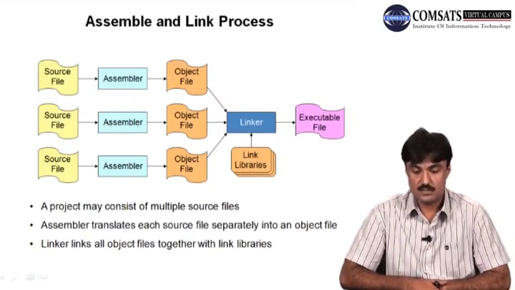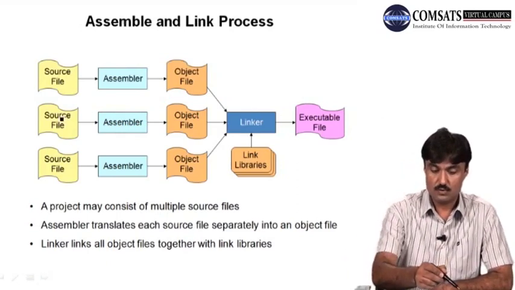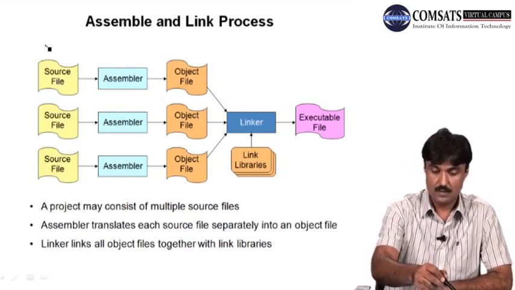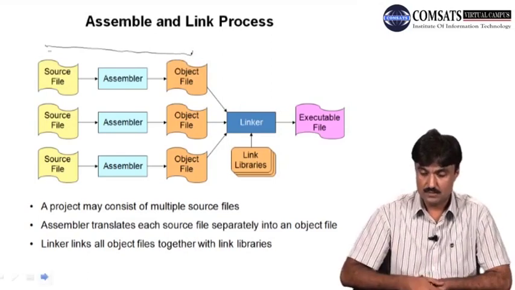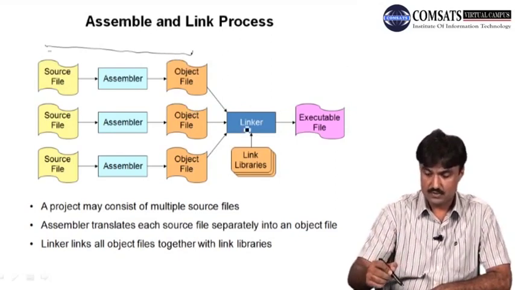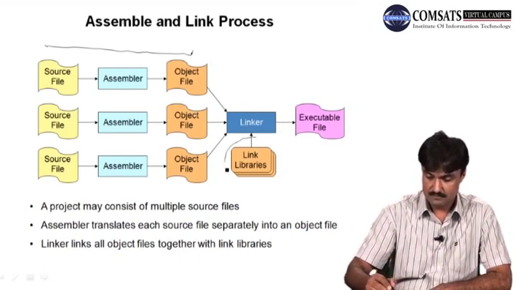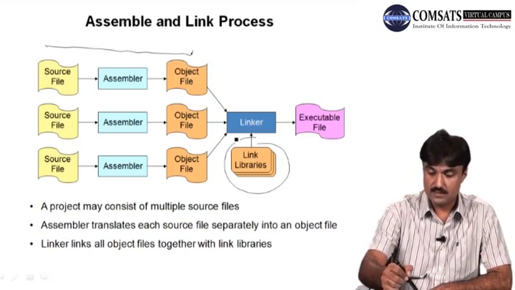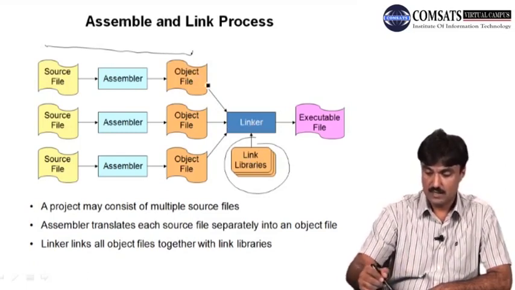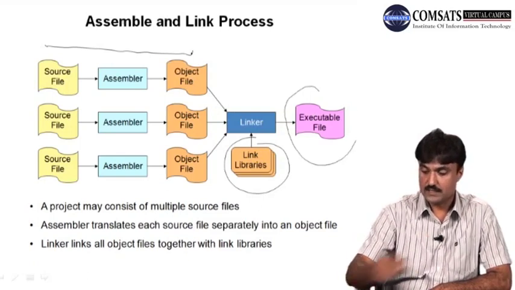This is the complete assembling and linking process. We have a source file here. The assembler converts it into the object file. The linker combines the libraries with the object file and provides the executable file.